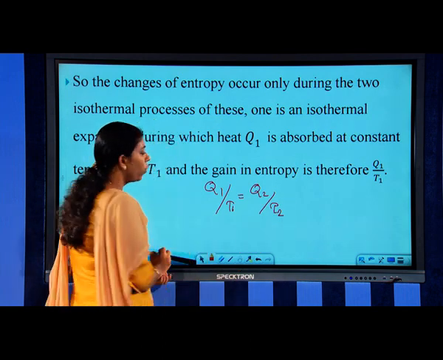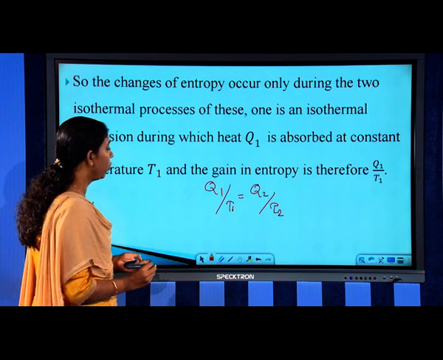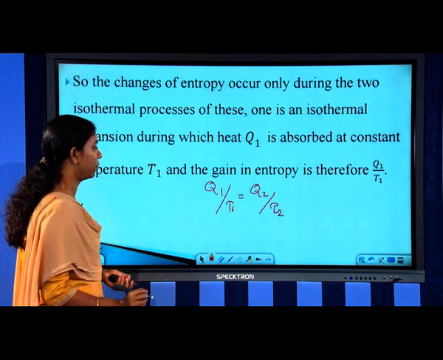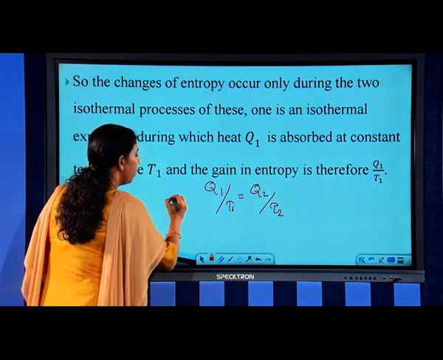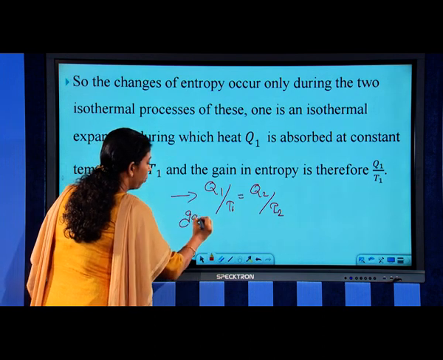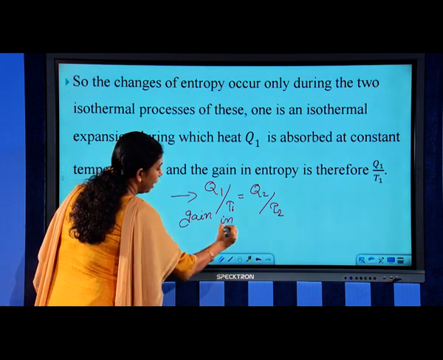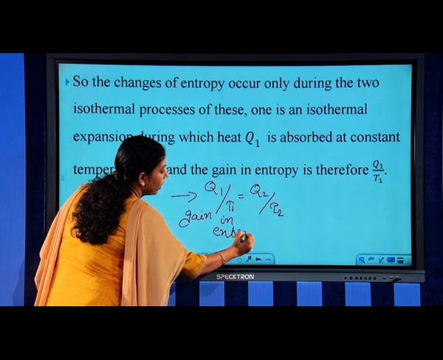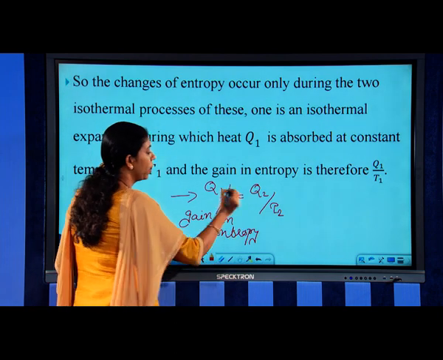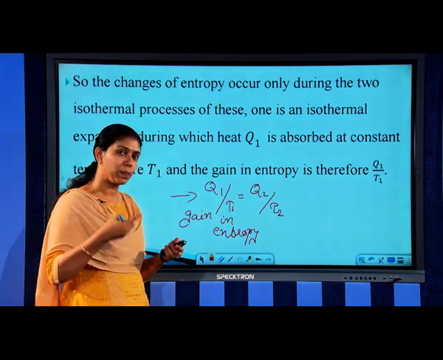During the isothermal expansion, there will be a gain in entropy, because heat is absorbed.